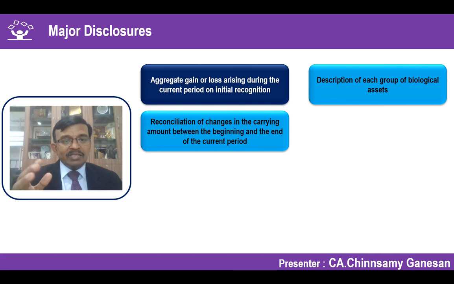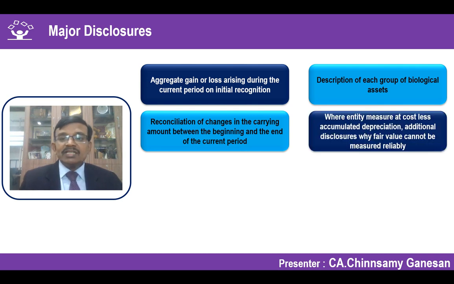In simple terms, more or less it is a disclosure which we make for property, plant and equipment. Only thing is here we are talking about a biological asset. In property, plant and equipment, it's a cost model, whereas here it is a fair value model. Suppose you are using a cost model, you have to disclose the accumulated depreciation, and the additional disclosure of why fair value cannot be measured reliably.